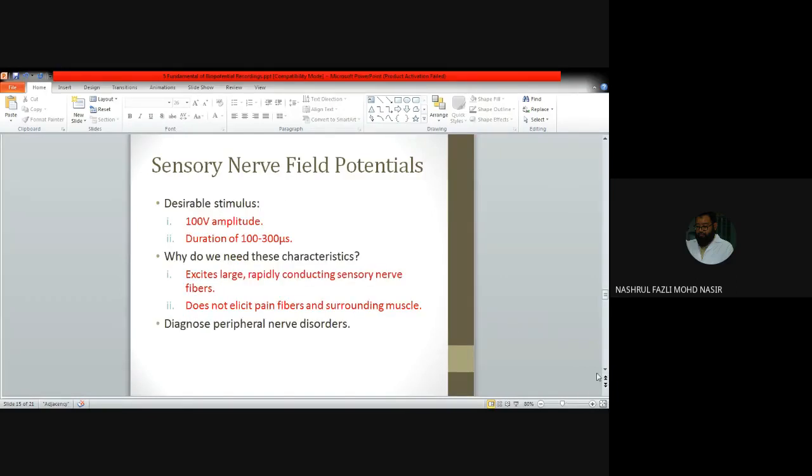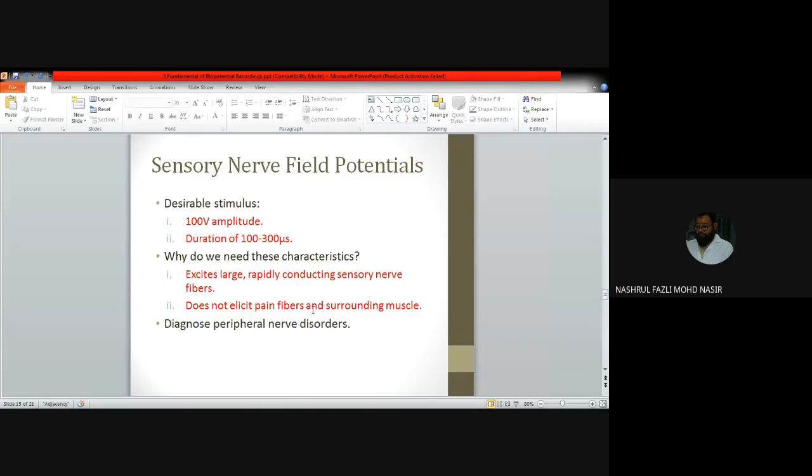So what is a good one? You need to benchmark. Anything you need to have a standard for. What is your desirable stimulus? About 100 volt amplitude, with a duration between 100 and 300 microseconds. So it is short. You can excite large, rapidly conducting sensory nerve fibers, and we don't want to elicit pain fibers and surrounding muscle.